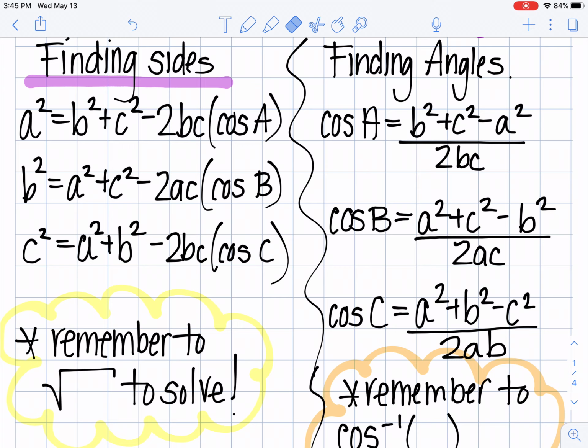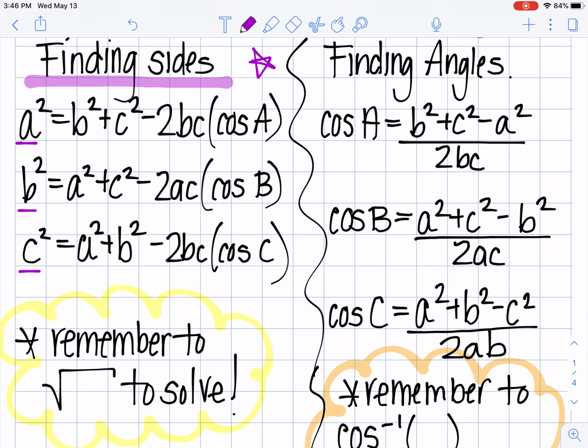The law of cosines is just this part right here where it says finding the sides. It has three different formulas for which side you're trying to find. If you want to find side a, you use the top formula, where it says a squared equals. If you want to find side b, you use b squared equals. And if you want to find side c, you use c squared equals.